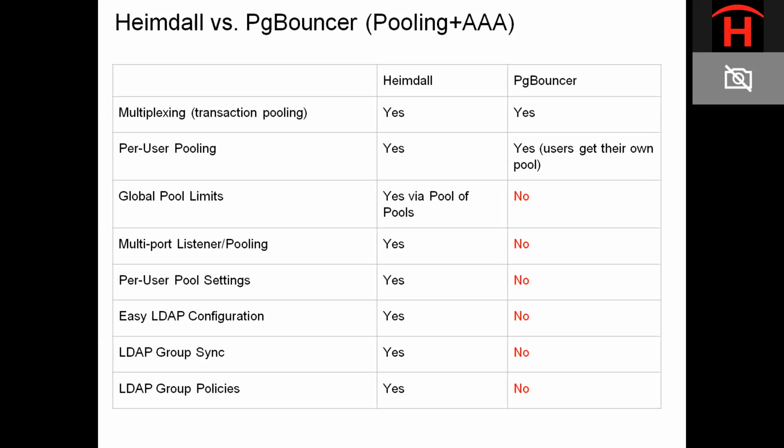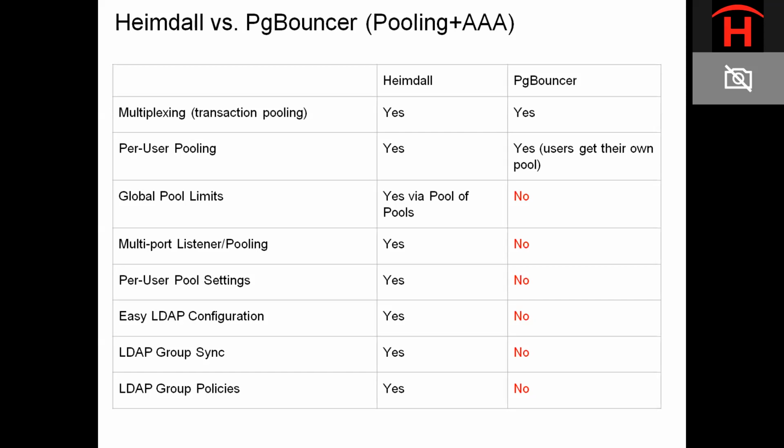With Heimdall, we can set up multiple virtual databases that can point to different LDAP configurations and use them on the fly. And it's very easy to configure, and I'll be demonstrating that in a little bit.